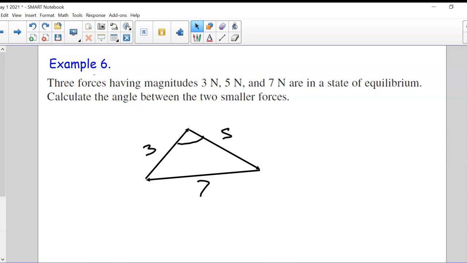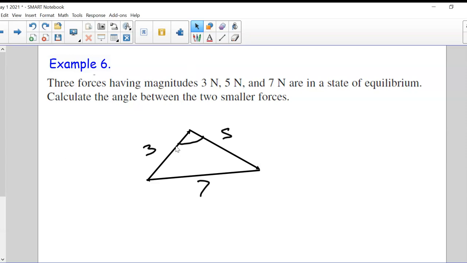The truth is that the angle between those two smaller forces should be measured when those vectors are tail to tail. So this vector needs to be up here for the two smaller forces to have their tails together.